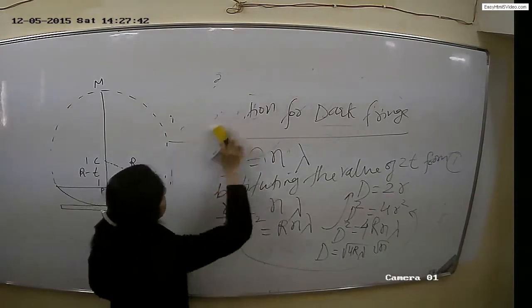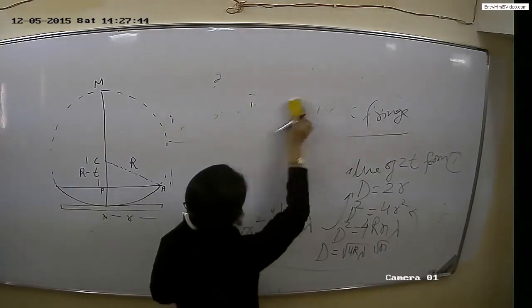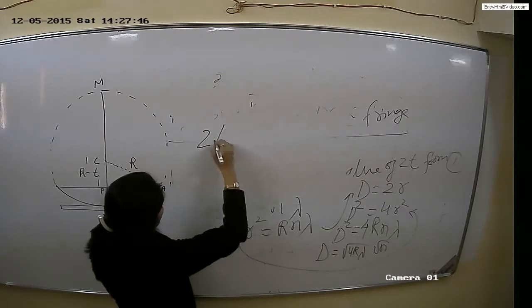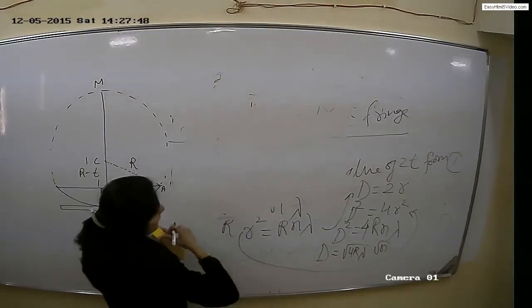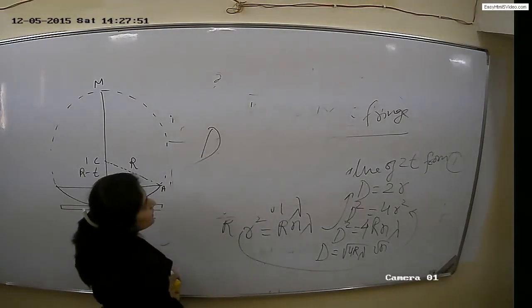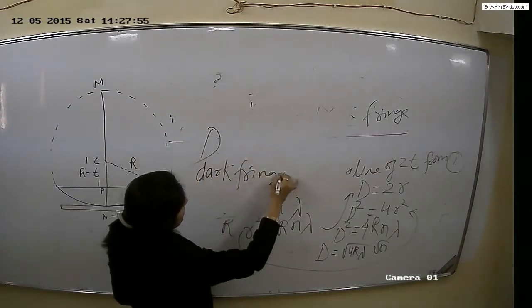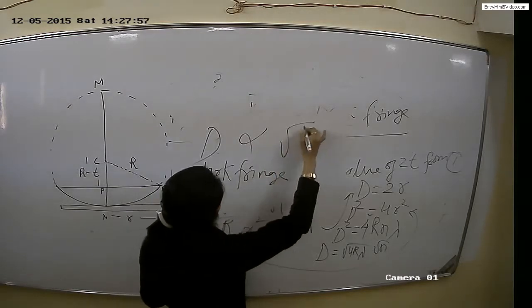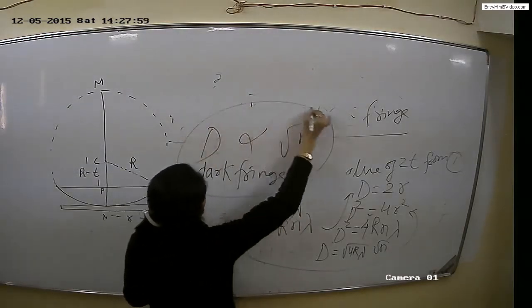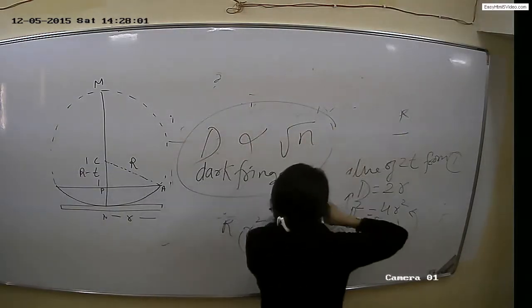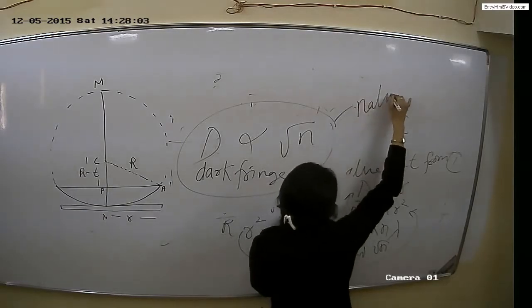It means that the diameter for the dark fringe or ring is directly proportional to root n. Root n means natural numbers.